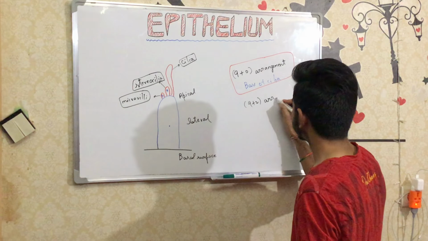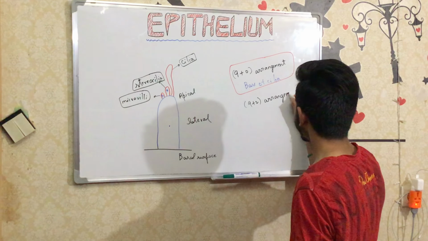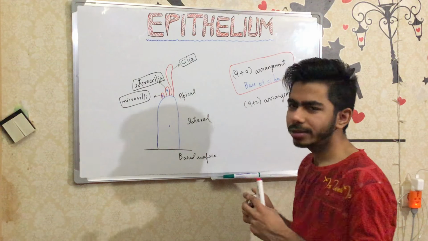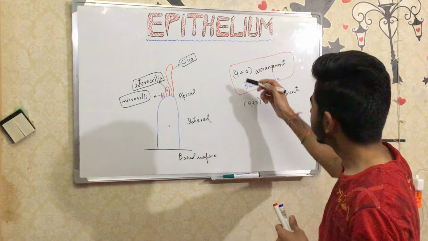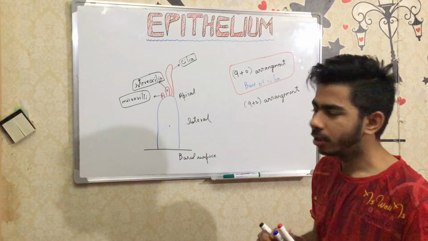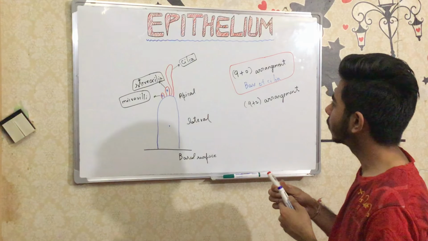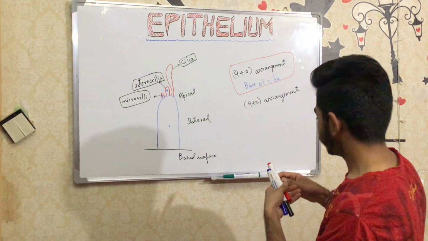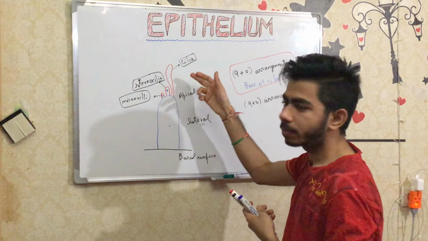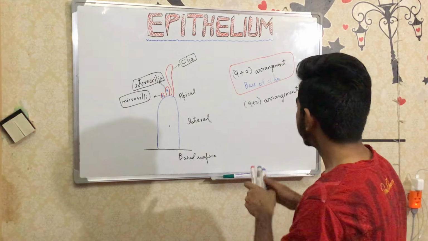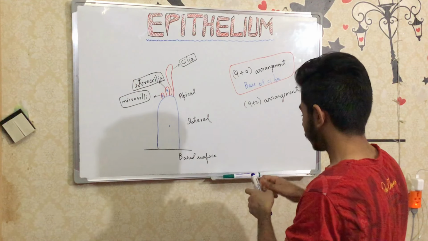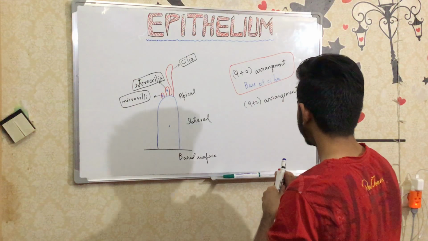Now what does this really mean, 9 plus 0 and 9 plus 2? If you go into the detail of the ciliary structure present over the apical surface of the epithelium, just focus over here.